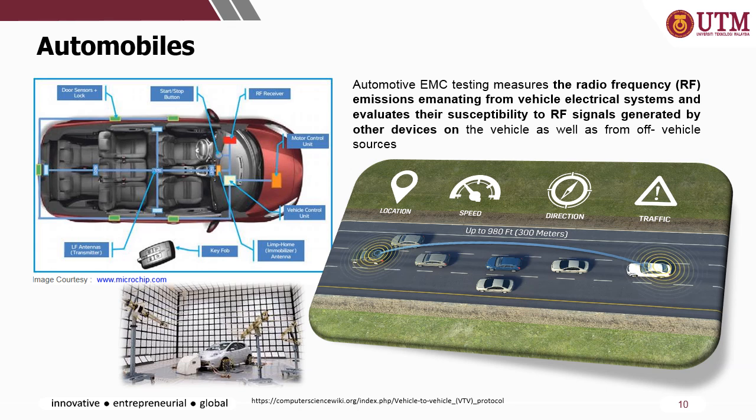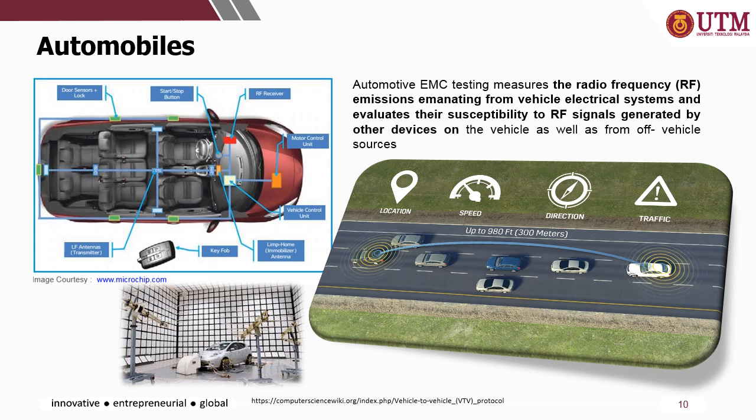And obviously all cars or vehicles need to undergo EMC testing before they are released in the market. So EMC testing basically measures the radio frequency emissions emanating from the vehicle electrical system and evaluates their susceptibility to RF signals generated by other devices on the vehicle.